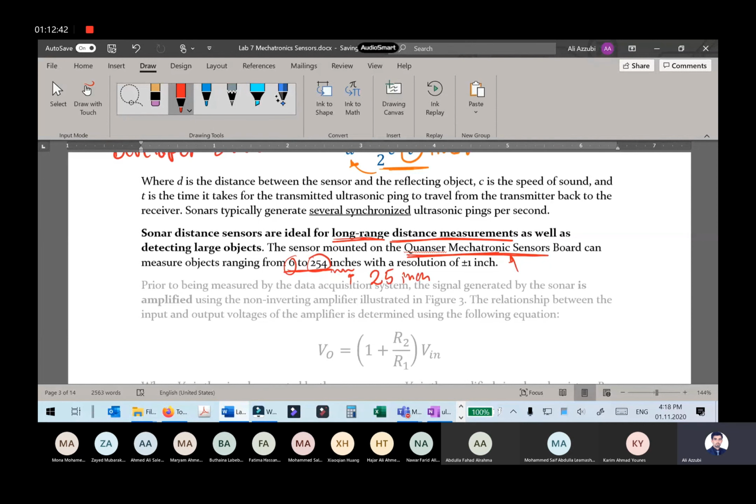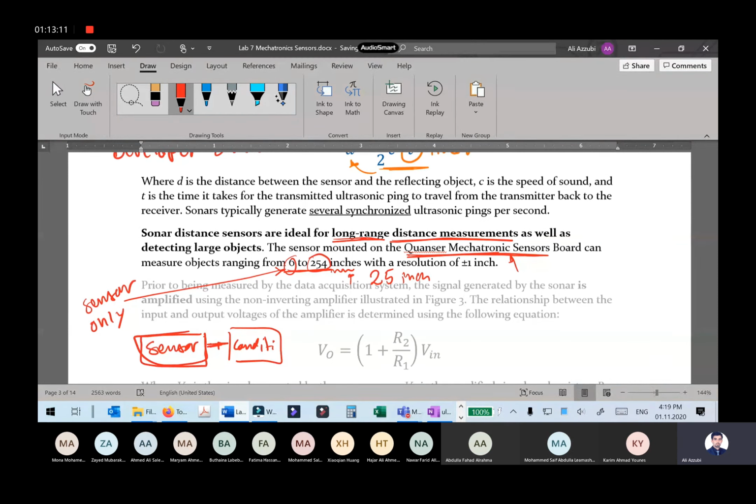Now, we distinguish two things here. This is the sensor capability, the sensor only. If you have the sensor connected to a conditioning circuit, you may have more limitations on the operation of the sensor.